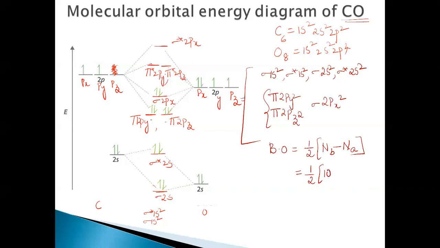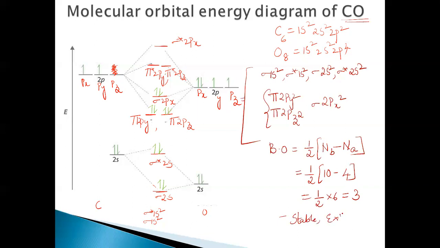So half into 10 minus the anti-bonding, 1, 2, 3, 4. Since the star levels are not filled, this is 4 here. So half into 6, that is, the bond order is 3 here. Since the bond order is 3, the molecule is stable and it does exist.